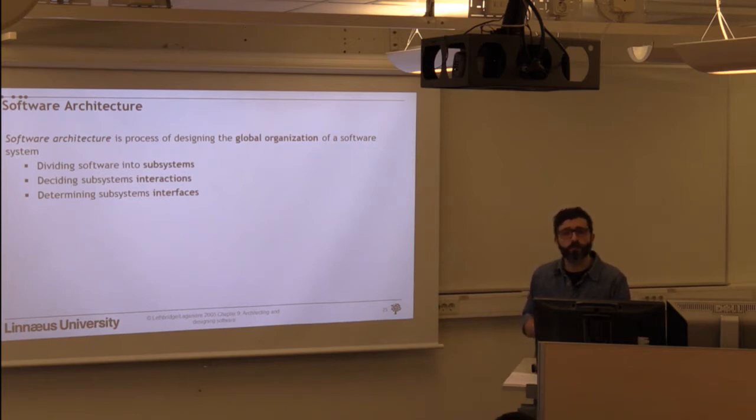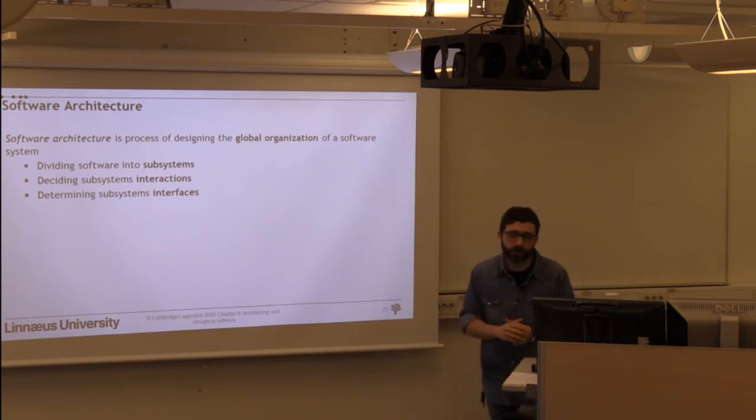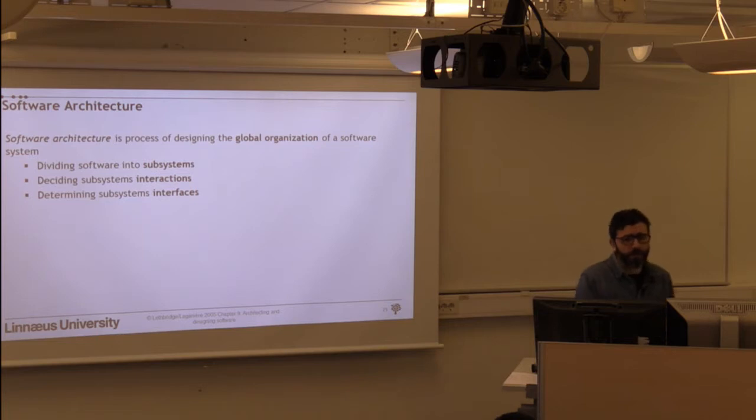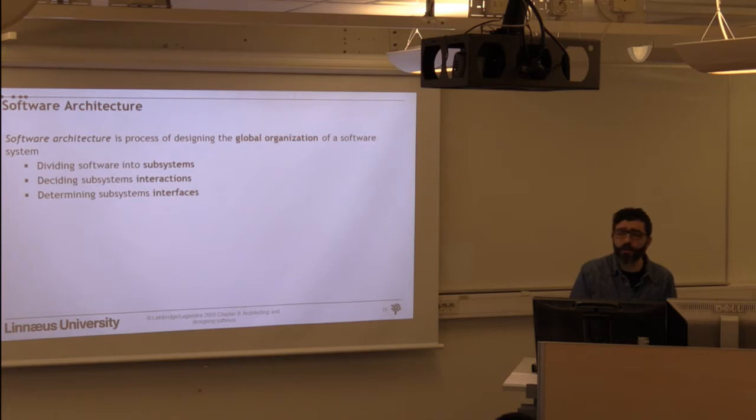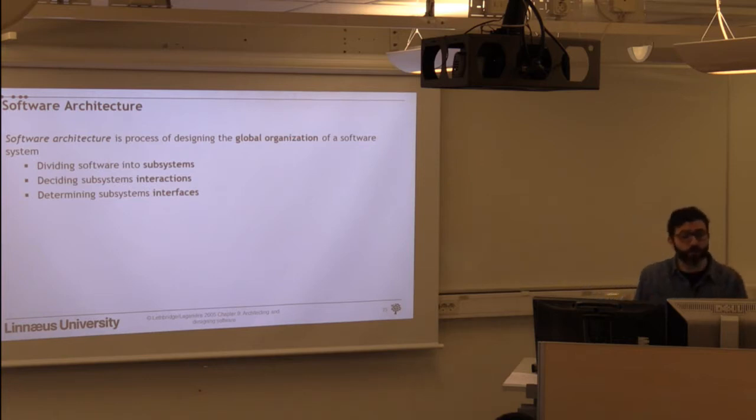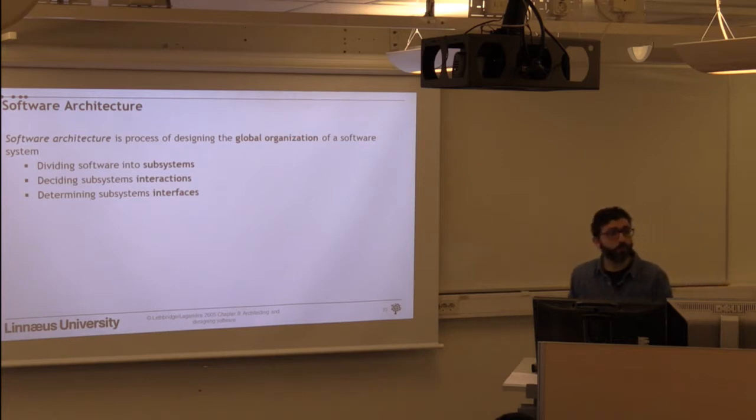We always have to interact with the subsystem by using the set of interfaces that it provides. So the software architecture allows us to accomplish these three tasks that are very important for designing high quality software. Well, for designing any software, but if we want to achieve good design, this is much more important.